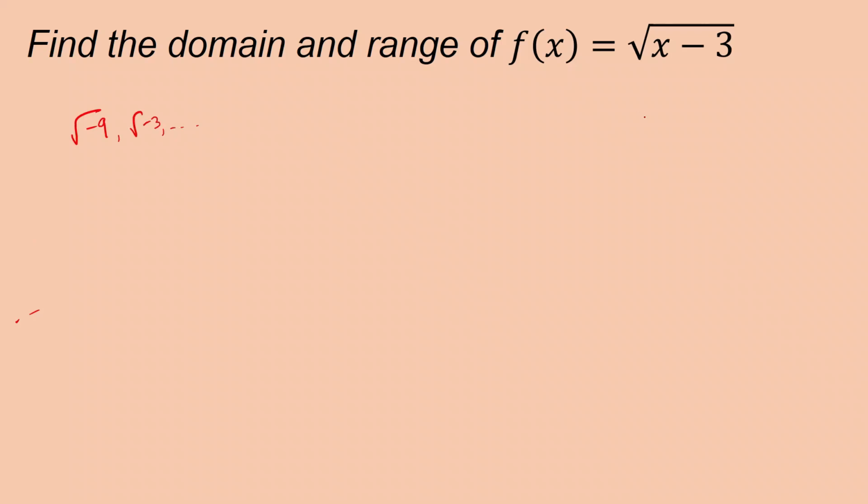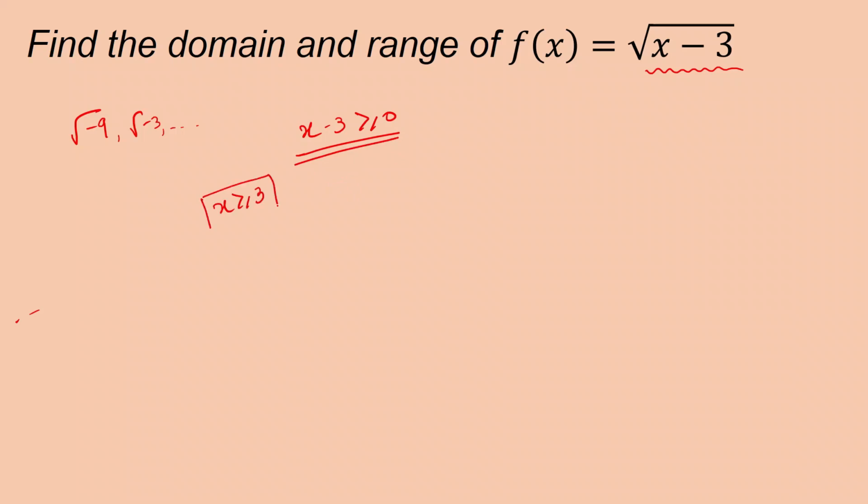So for this function to take defined values, we cannot have negative numbers inside the root. So x minus 3 has to be greater than or equal to 0. This is the set of all those values of x for which the function is defined. So we need to have x greater than or equal to 3.